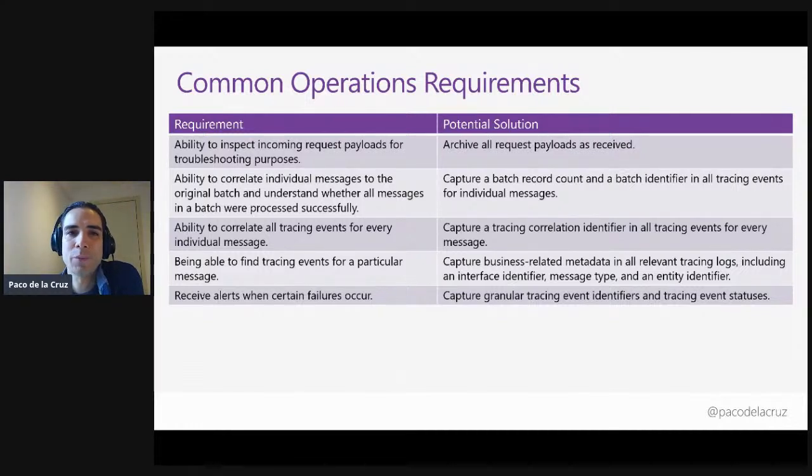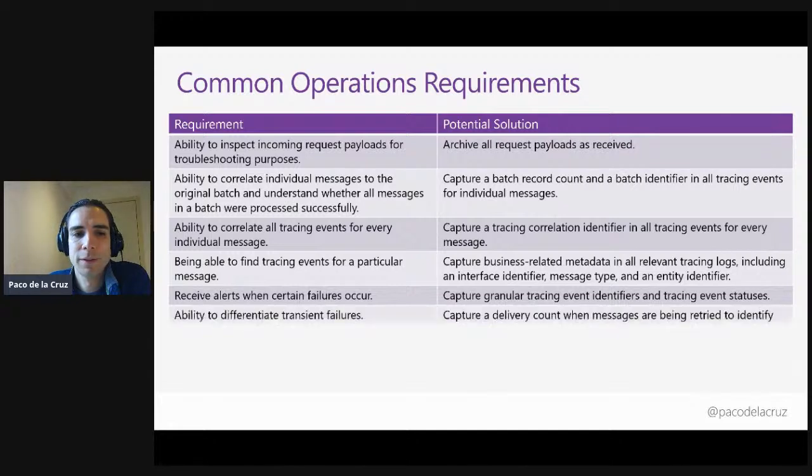So for this, we can capture granular event identifiers, right? So we have our code workflow. For each of these tracing events that we are logging, we can have a very particular event identifier. And we can be storing this in our traces, and also we can store event status, if the tracing event was successful, or if it failed, or if the attempt failed, and so on and so forth.